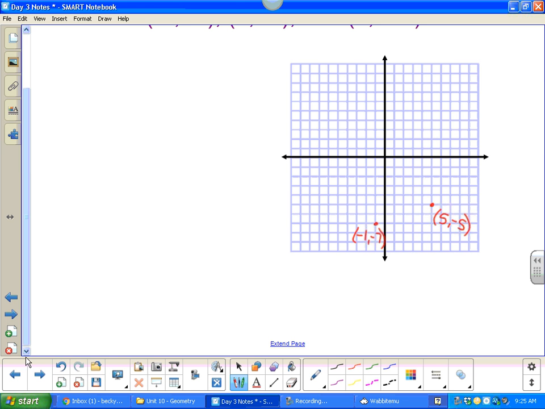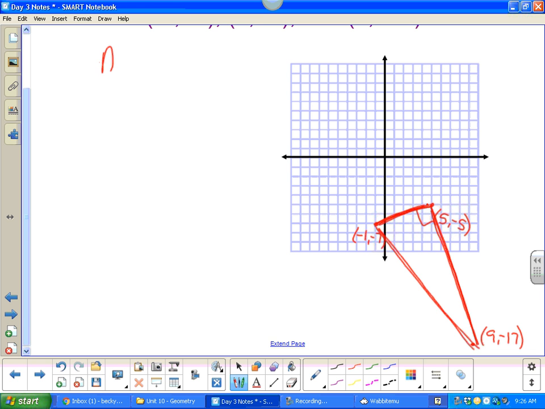So way down here. Okay, so then we find the right angle. So this is my hypotenuse. That's the side I don't want. So I want this one and I want this one. I want the two legs.